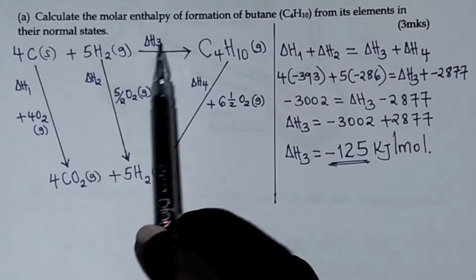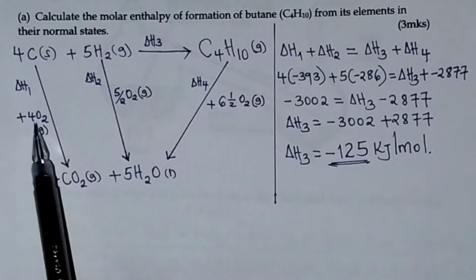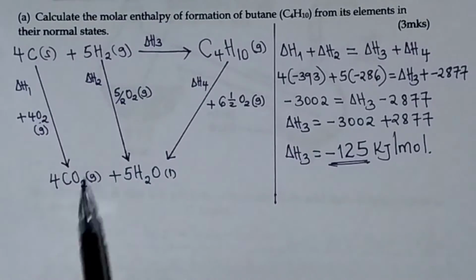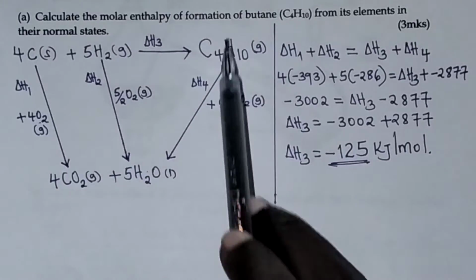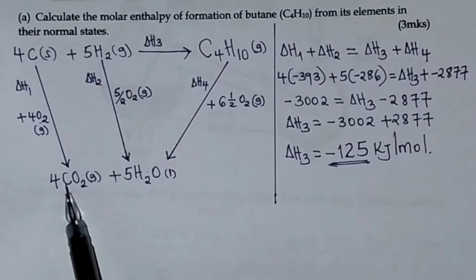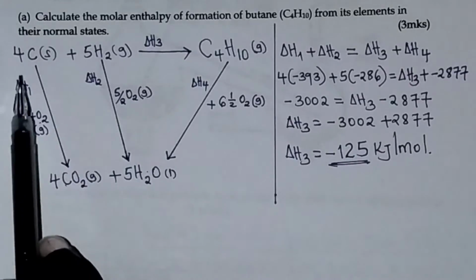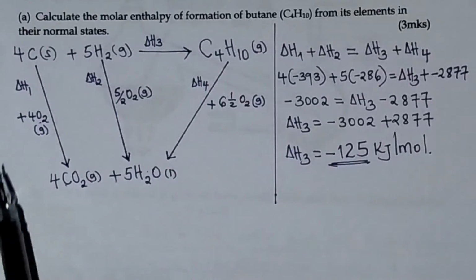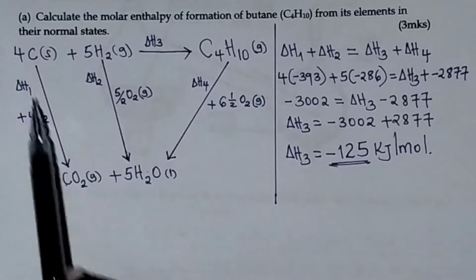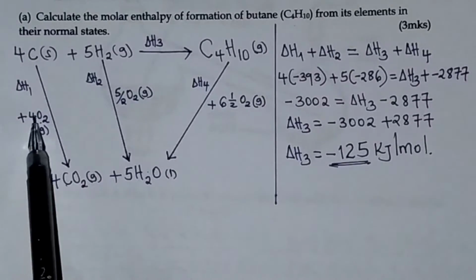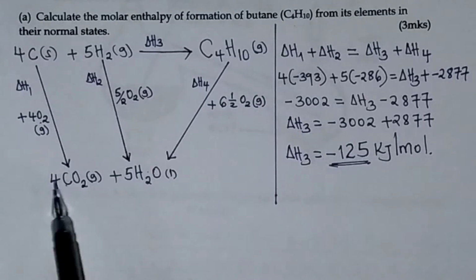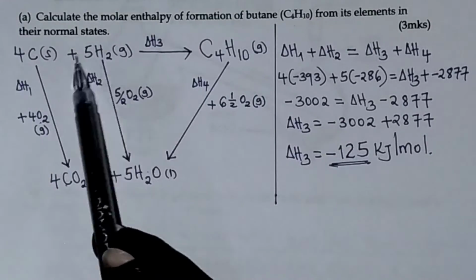So we have here carbon reacting with oxygen giving us carbon dioxide, hydrogen reacting with oxygen to give us water, then that butane reacting with oxygen giving us carbon dioxide and water. So you have to balance the equations. If you check this equation here, enthalpy change 1, we have 4 moles of carbon, 4 moles of carbon. We have 8 atoms of oxygen, even we have 8 atoms of oxygen. Here we have 10 of hydrogen, we have 10 of hydrogen.